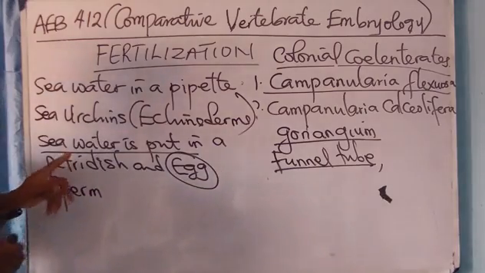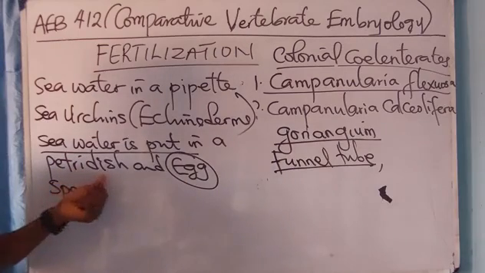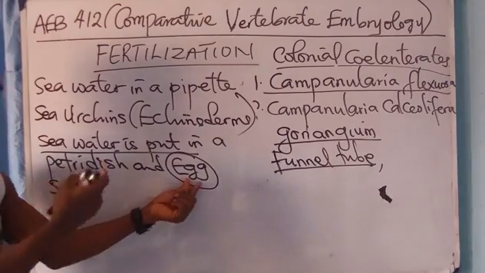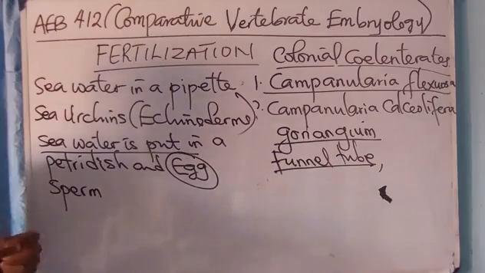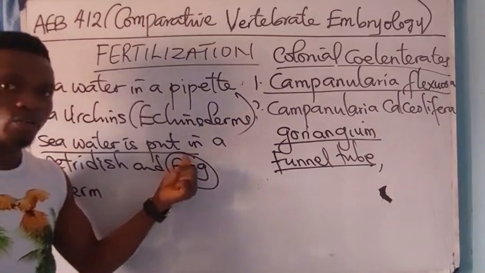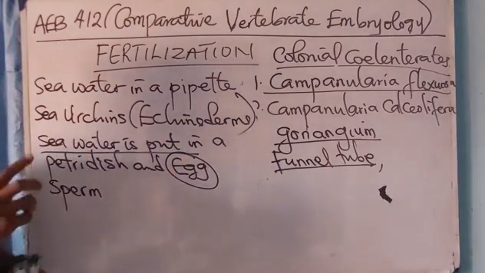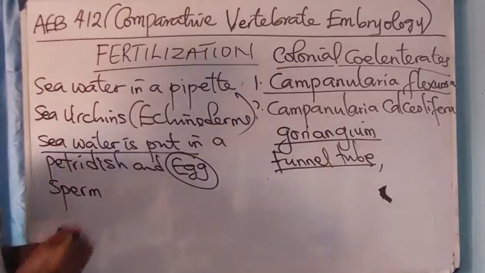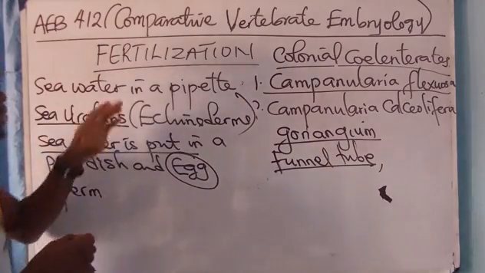I recap: when seawater and egg are put in a petri dish and the egg is removed, the sperm that has been introduced will locate the point where the egg was initially placed. Therefore, seawater also plays a role in fertilization in certain animals like the sea urchins, which are echinoderms. Okay, so that is for that.